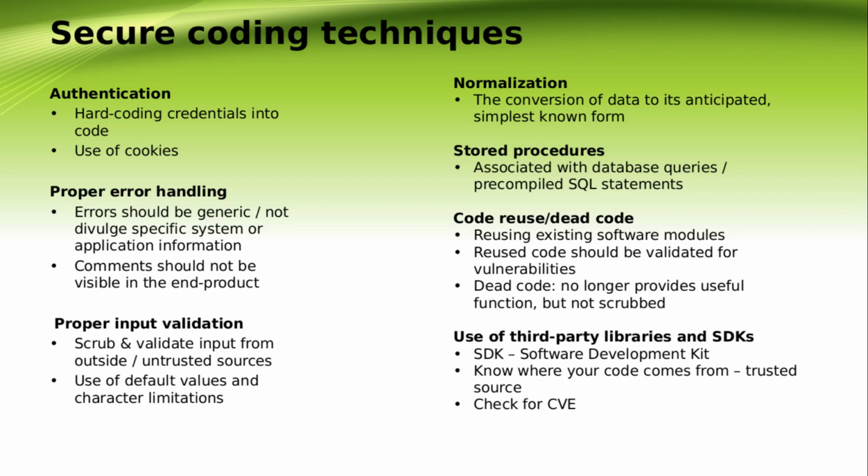Third is proper input validation. Scrub and validate input from outside untrusted resources, use default values and character limitations. Input validation is an aspect of defensive programming intended to ward off a wide range of input-focused attacks such as buffer overflow and fuzzing.